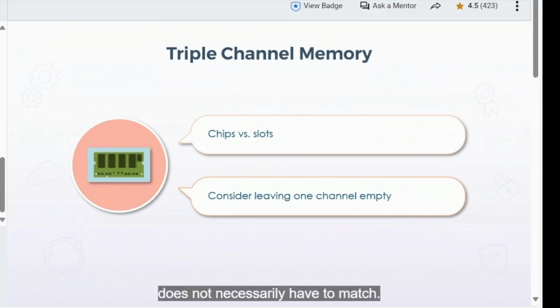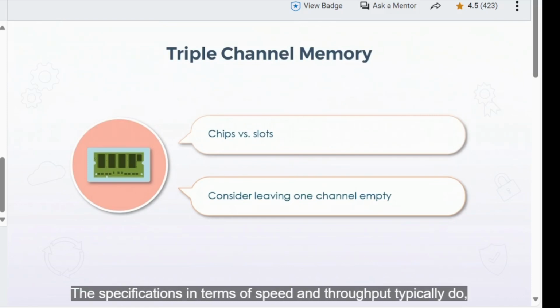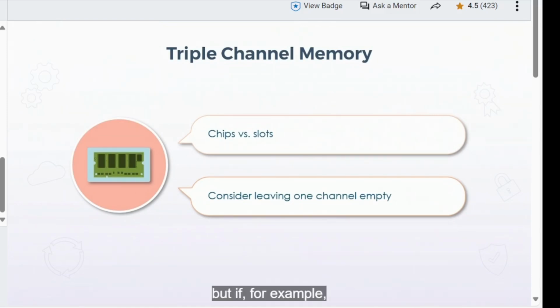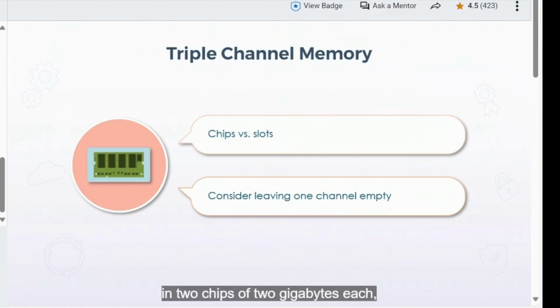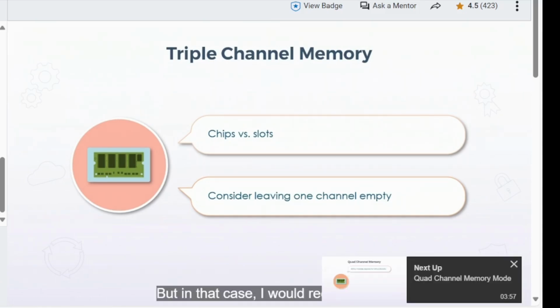This also leaves that 3rd channel entirely free if you decide to upgrade later on. You could just buy 2 more chips to populate that remaining channel. In short, if you have triple channel RAM with 3 slots, then simply fill each slot. If there are 6 slots, then use either 3 chips with 1 in each channel, or use all 6.